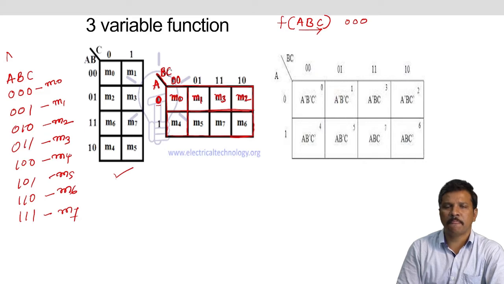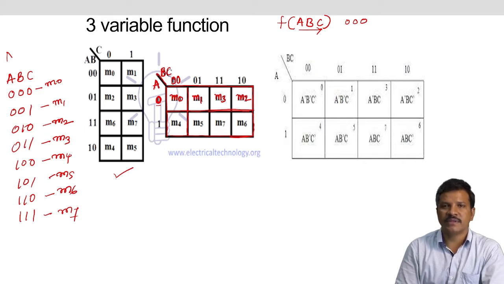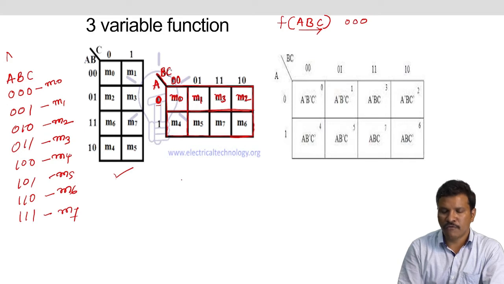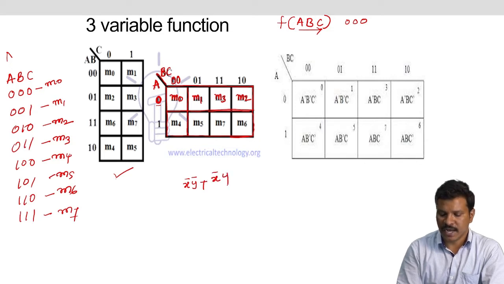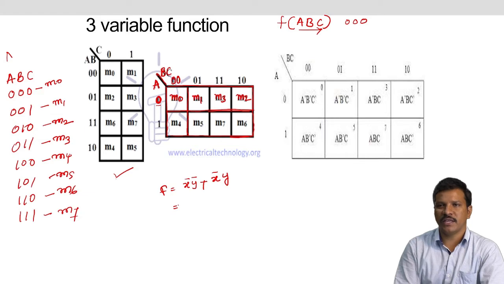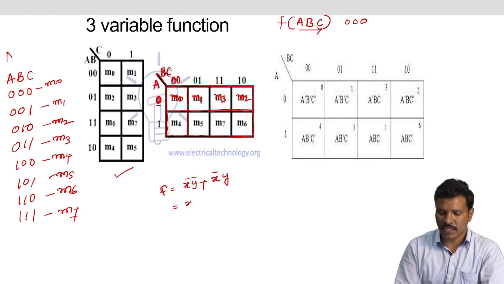As we studied in the basic Boolean theorems, for the minimization of Boolean functions, let us take two expressions: x bar y bar is one minterm, plus x bar y is another minterm. It is a Boolean function. According to the basic axioms or theorems, to minimize this Boolean function, take the common term x bar, factor it out, and then we have y bar plus y.